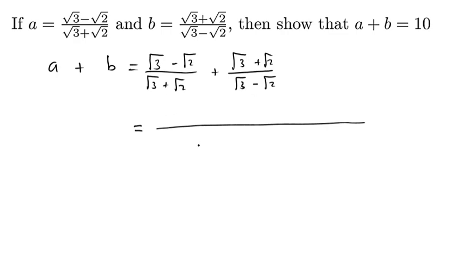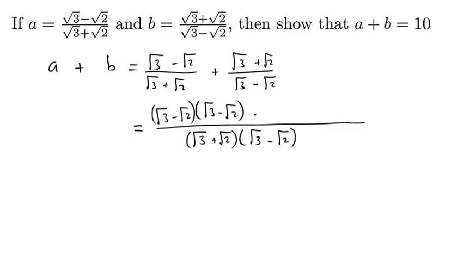The denominators that we have here are root 3 plus root 2, and the other denominator is root 3 minus root 2. So if the first denominator goes into the common denominator, we'll get root 3 minus root 2, and it multiplies the numerator, so this will give us root 3 minus root 2 multiplied by root 3 minus root 2.